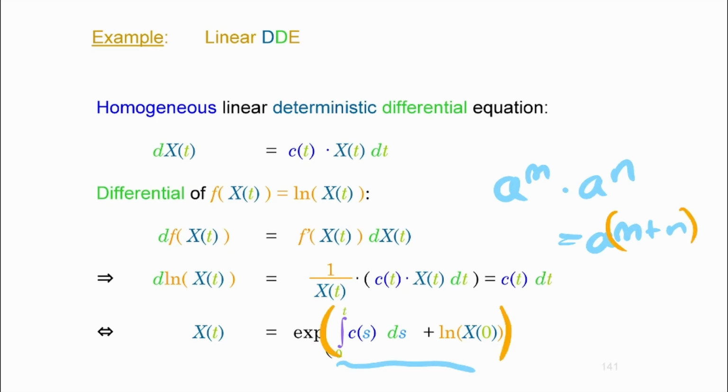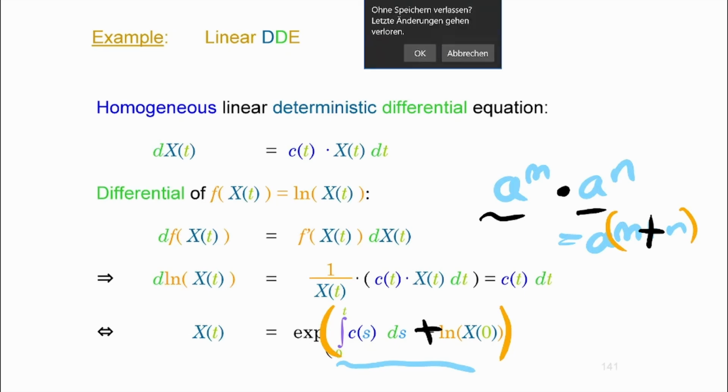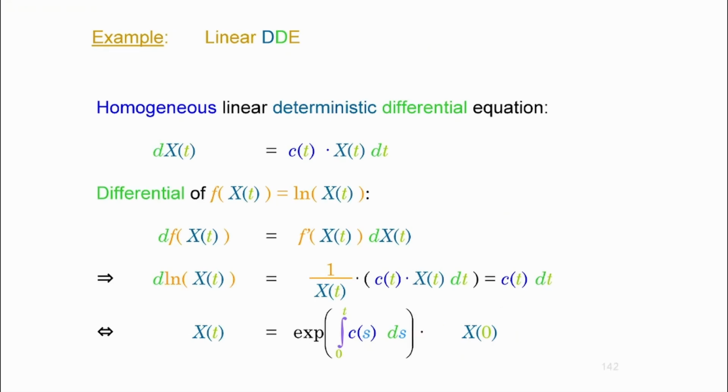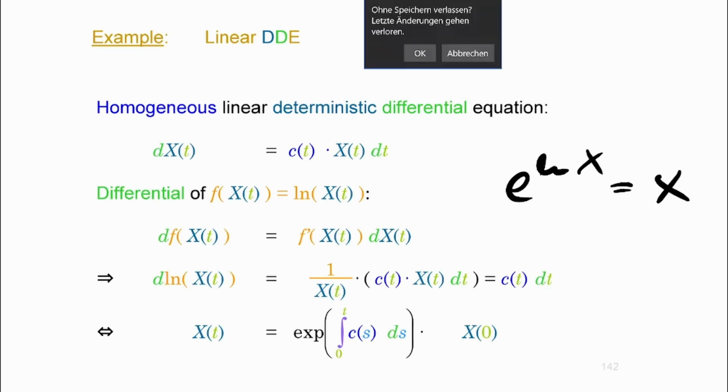If you multiply two powers for which the base is the same, then you add the exponents, and that's exactly what is happening here. So if you want to split that, this is e to the power of the integral times e to the power of the logarithm of the starting value, which is actually the starting value itself, because e to the power of the logarithm of the starting value is going to be the starting value. So that's what it is.